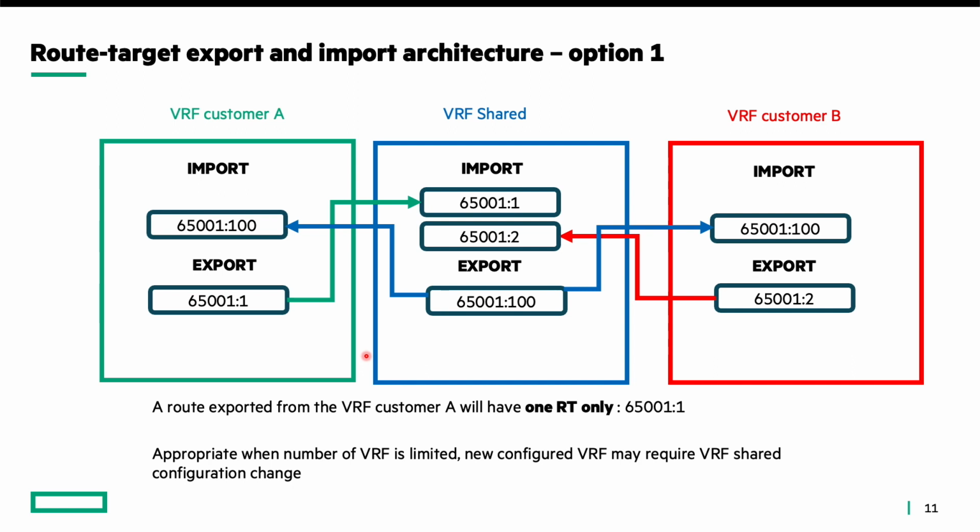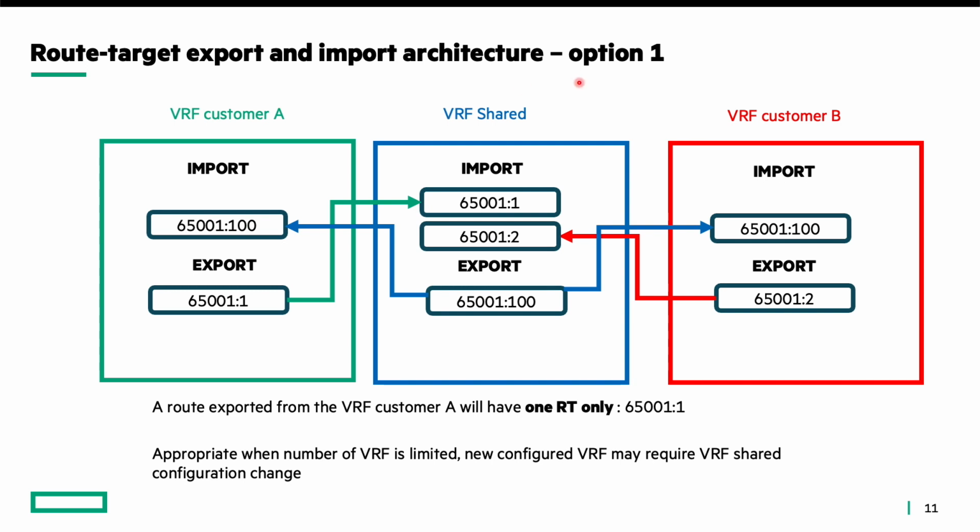Now, how will you configure this route target information? Basically, we have two main ways to make this configuration. I took this example of 3 VRFs: customer A has a green part, customer B has a white part, and a shared one, which is a blue VRF.